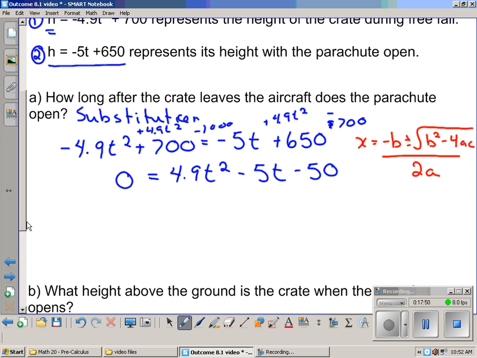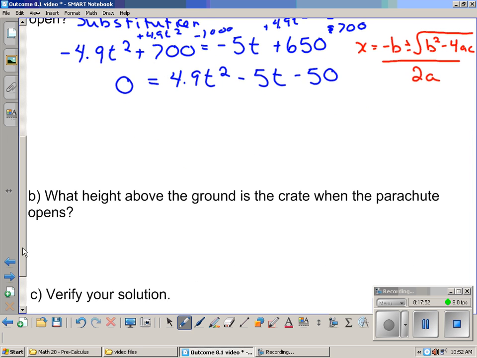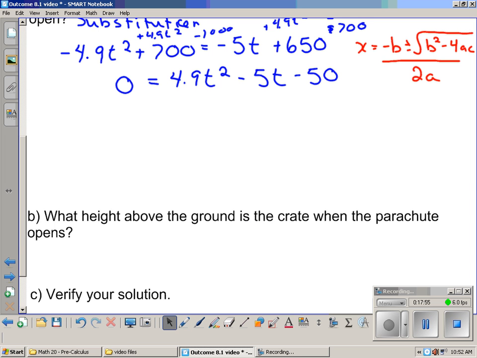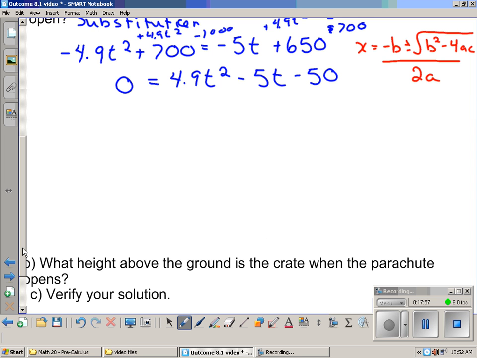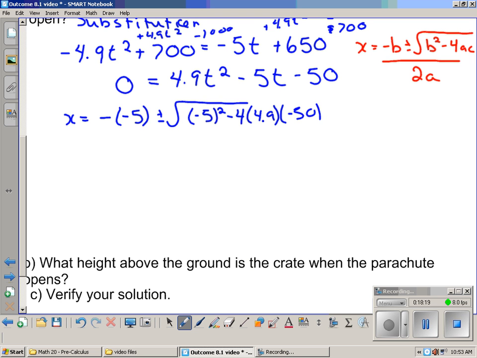So substituting in, we end up with x being equal to negative b, which is negative 5, plus or minus the square root of b squared, so negative 5 squared, minus 4 times a, which is 4.9, times c, which is negative 50. All of that is over 2 times a.